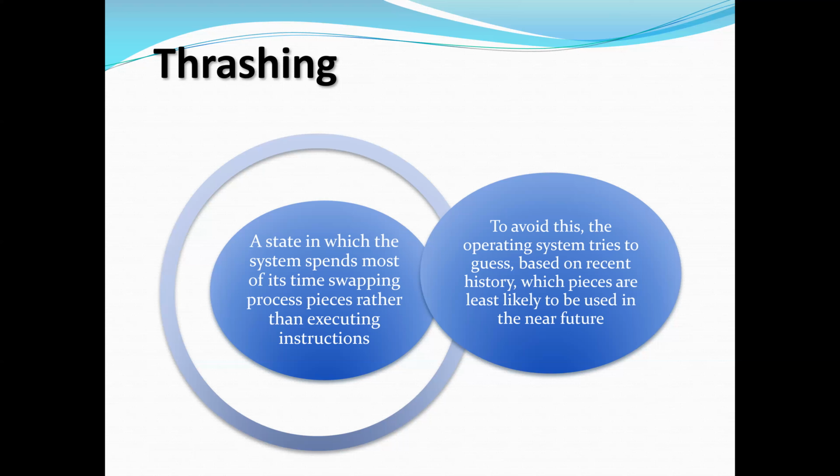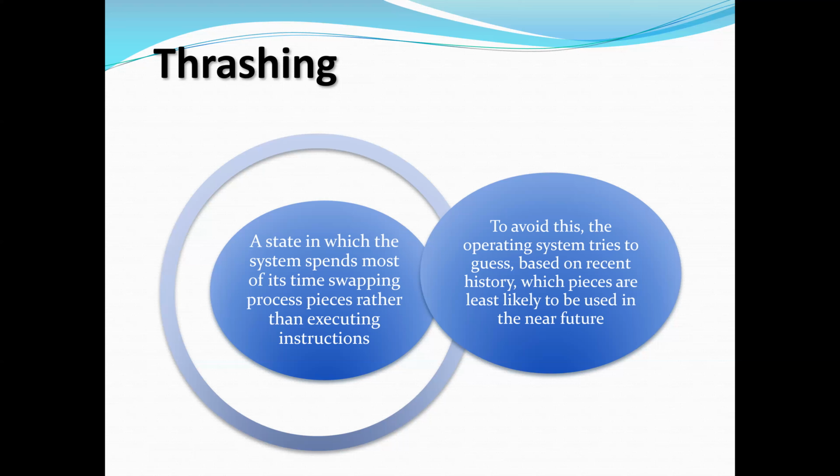Now, in the steady state, all main memory will be occupied with process pieces, so that the processor and operating system have direct access to as many processes as possible. Now, when the operating system brings one piece in, it must throw another out. If it throws out a piece just before it is used, then it will just have to go get that piece again almost immediately.